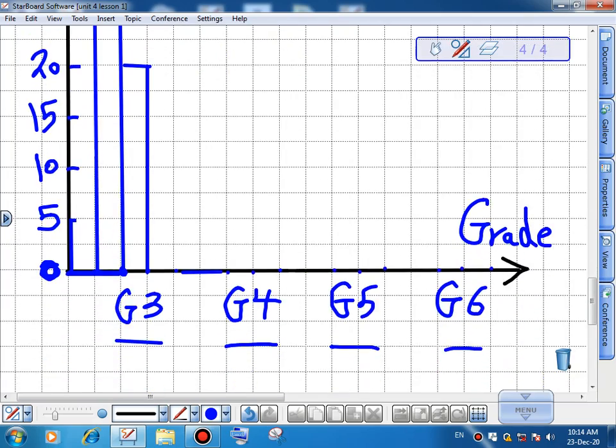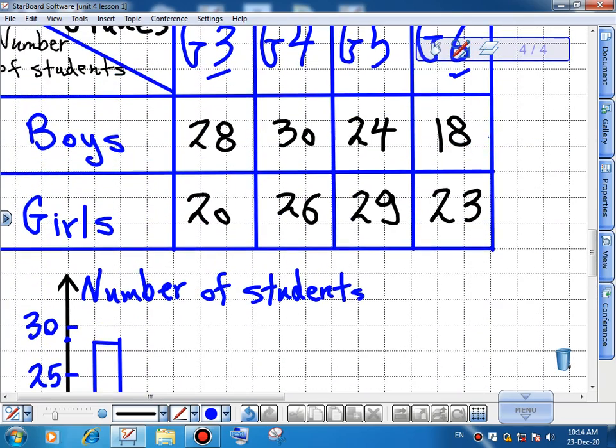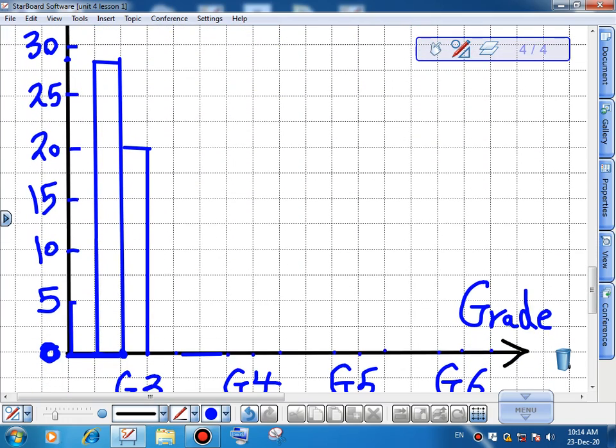The next one, grade 4. In grade 4, we have 30 boys and 26 girls. We also have boys greater than girls. We go from 0 to 30, like this.